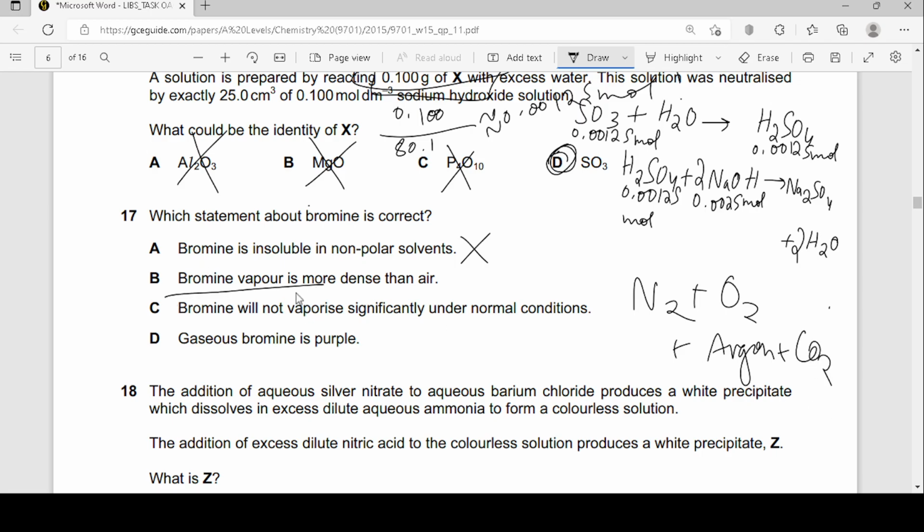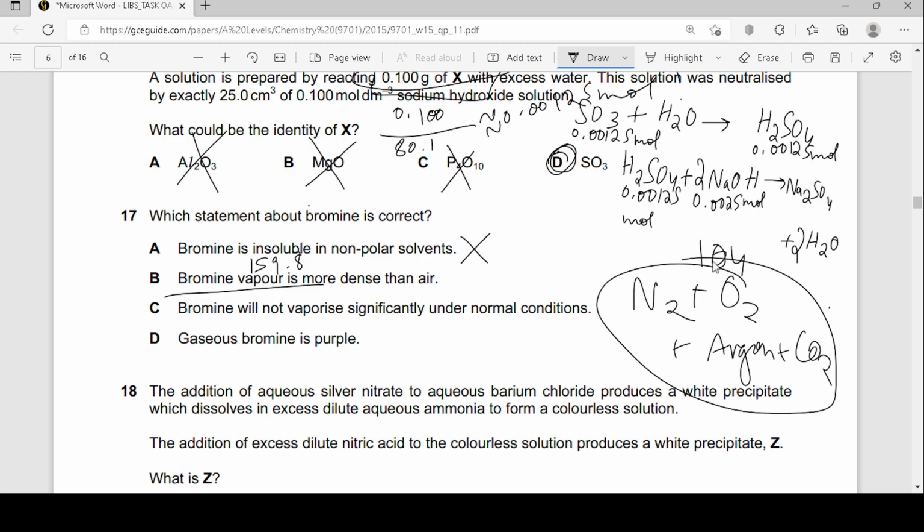If you check bromine vapor's MR, one bromine atom has an AR of 79.9, so 79.9 times 2 would be 159.8. For air, N2 has an MR of 14 times 2, that's 28. Oxygen will have 16 times 2, that is 32, and then CO2 will have 12 plus 16 times 2, 32.